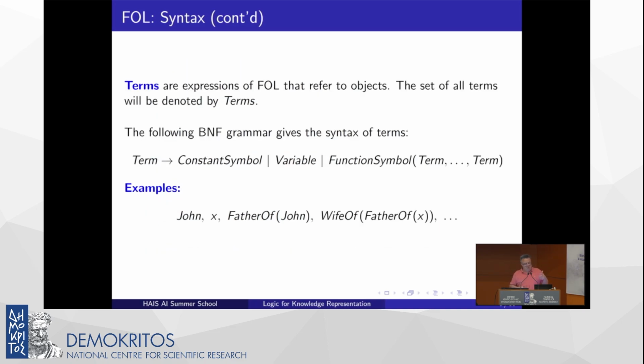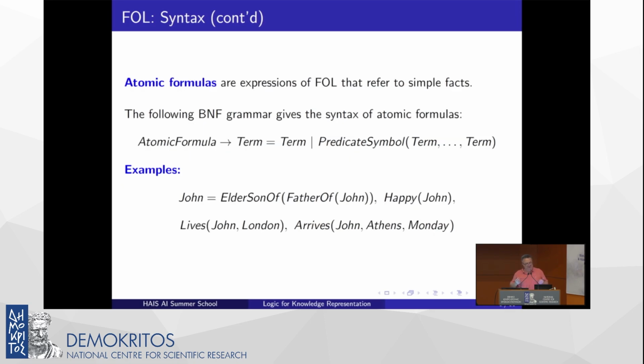Now, from constants and variables and function symbols, I build terms. So I can say, for example, John. I can say X. I can say father of John. I can say wife of father of X. Okay, terms as big as you want. And then from terms and predicate symbols, I build atomic formulas.